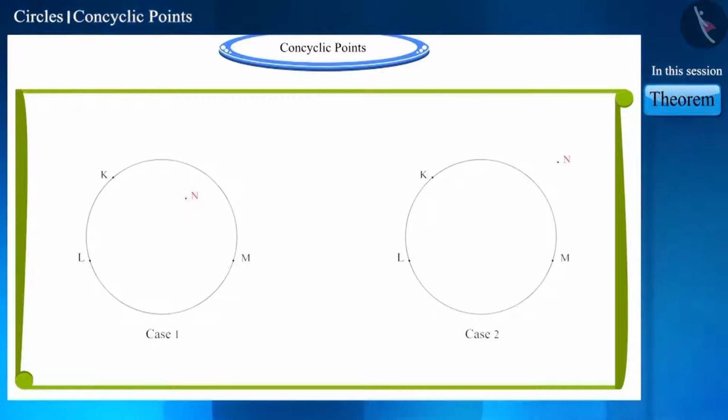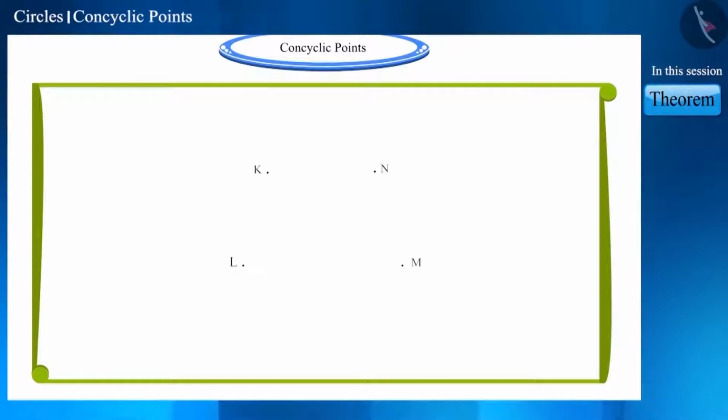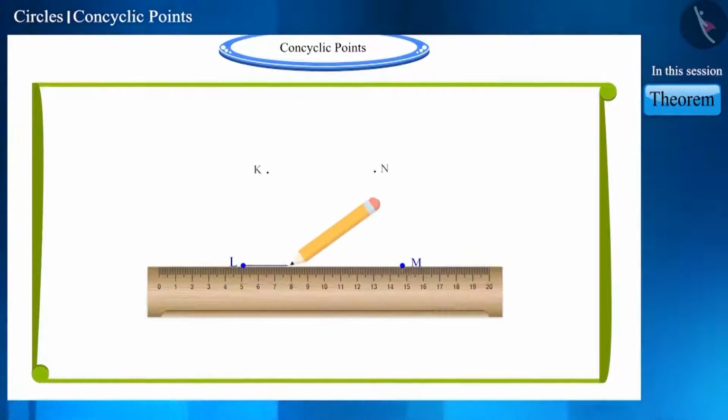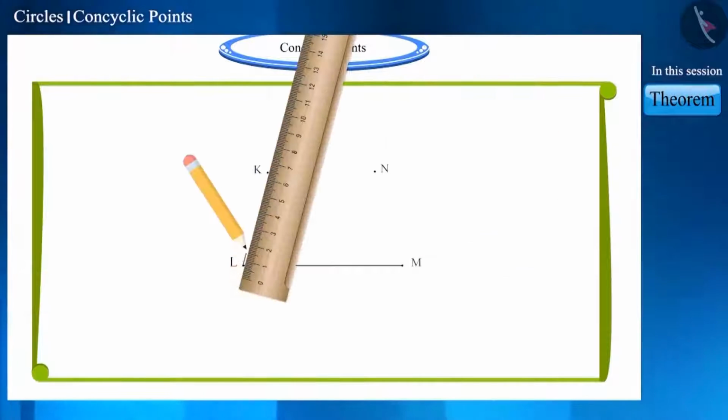Friends, without drawing a circle also, we can check whether the 4 given points are concyclic or not. Here, join the points L and M. Now by joining both the points L and M with K, draw a triangle LKM.